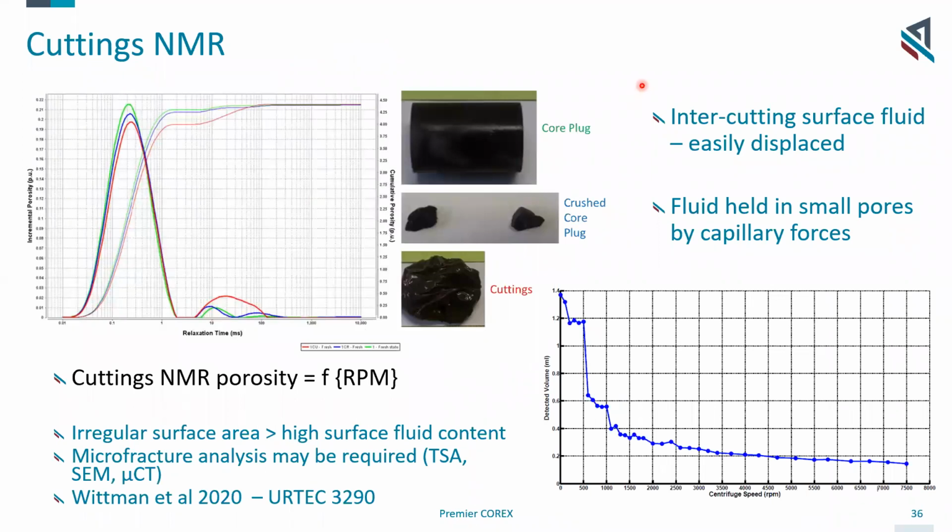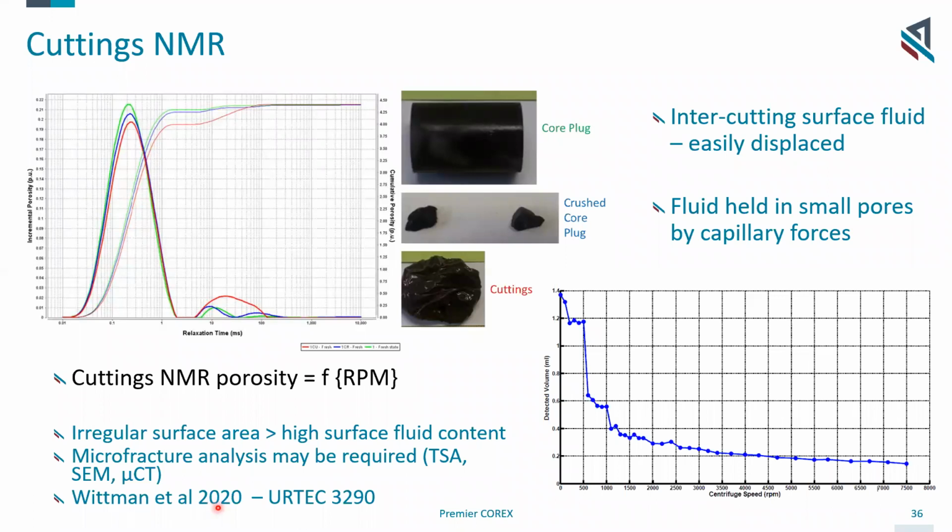We've been doing some work more recently on cuttings analysis, cuttings NMR. The biggest problem with NMR measurements on cuttings is the irregular surface area, because that gives us a high surface fluid content. But some techniques have been developed in conjunction with our colleagues at Green Imaging Technology, and I would refer you to this paper, Whitman et al.